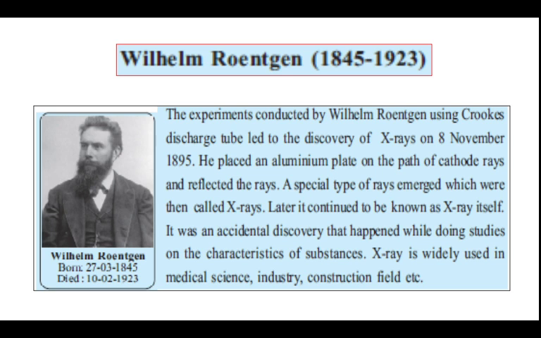A special type of rays emerged which were then called X-rays. Later it continued to be known as X-ray itself. It was an accidental discovery that happened while doing studies on the characteristics of substances. X-ray is widely used in medical science, industry, construction field, etc.